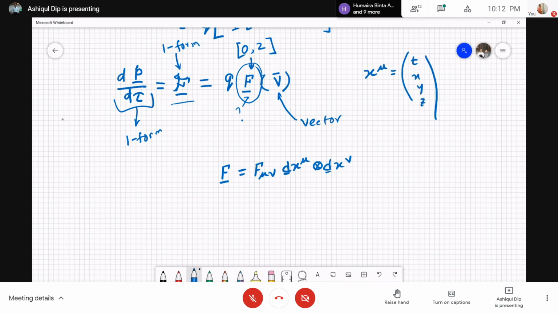So let's write it more explicitly, then you will understand what I mean. If I write x0, that's my t. If I write x1, that's my x. If I write x2, that's my y. And if I write x3, that's my z. That's what I mean actually. It's just a shorthand notation, nothing else. I could write it explicitly, but that's just a shorthand notation.